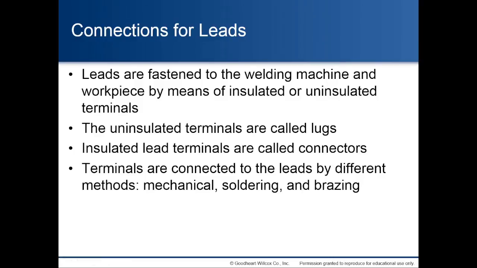Leads are fastened to the welding machine and workpiece by means of insulated or uninsulated terminals. The uninsulated terminals are called lugs. Insulated lead terminals are called connectors. Terminals are connected to the leads by different methods: mechanical, soldering, and brazing.